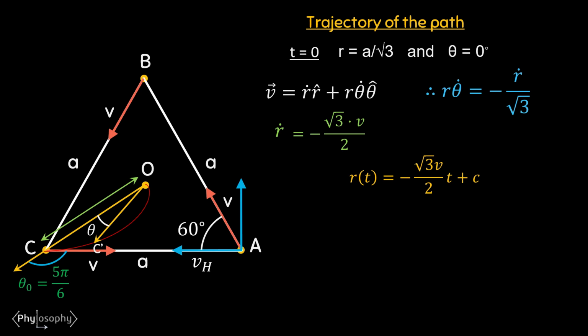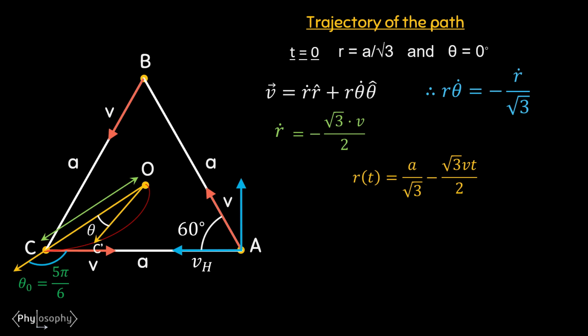So, if we use the initial condition that at t = 0, r = a/√3, then we can write r(0) = -√3 v/2 times 0 + c, or c = a/√3. Now, if we put c in the expression of r(t), then we can write r(t) = a/√3 - √3 vt/2.